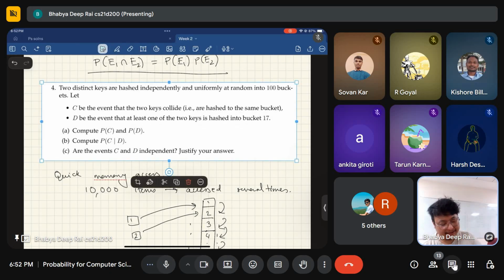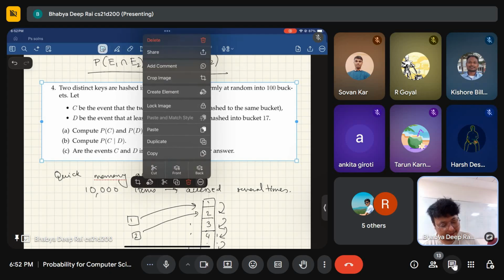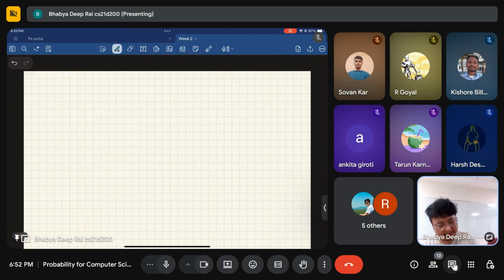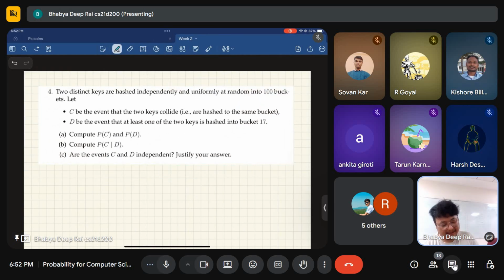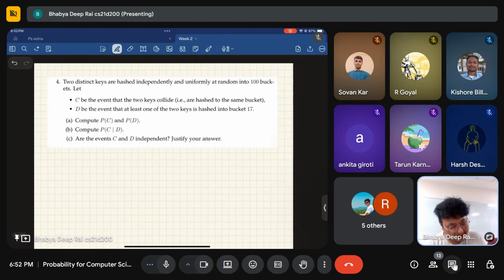Okay, so let me just copy. I have 100 buckets, 1, 2, 3, and so on. Keys are hashed independently and uniformly at random.